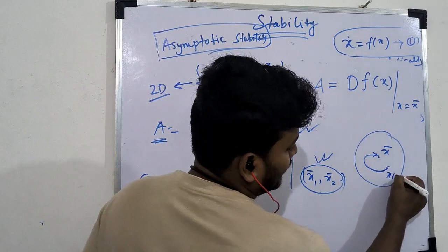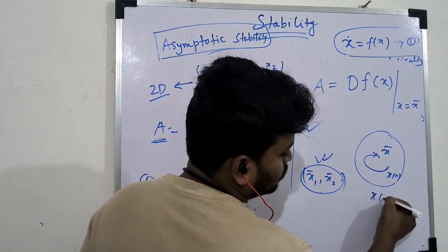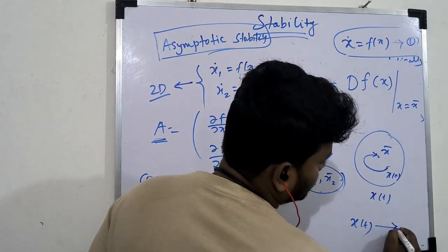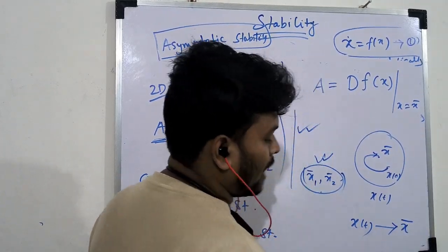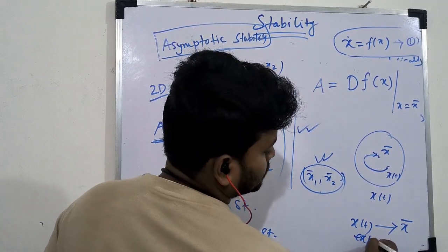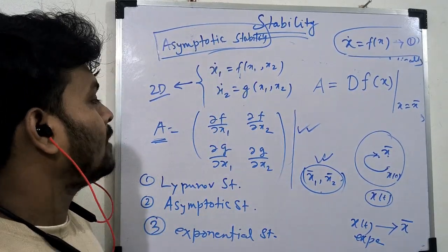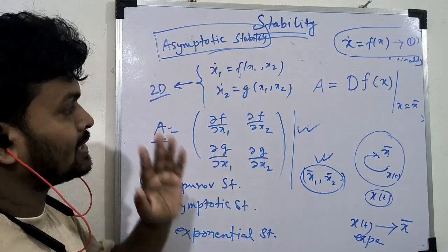If I choose initial condition x0 and the solution trajectory x(t), then x(t) converges to x bar exponentially. The rate of convergence will be exponential. So those are the types of stability.